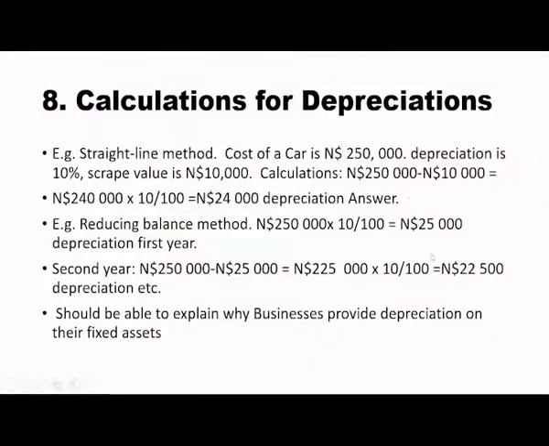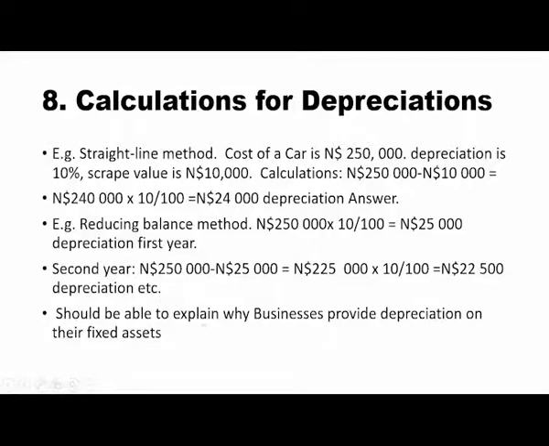Now look at it here. We have the cost price of a car, second year, 250,000 minus 25,000. Our balance now in the second year will be 225,000 times 10 divided by 100. Our depreciation changes to 22,500.